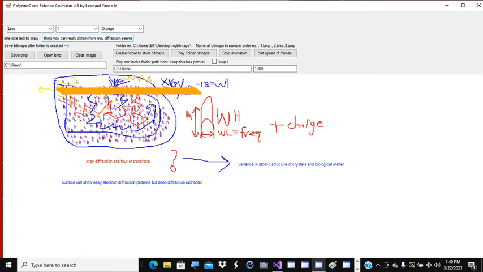It seems to be the surface layer diffraction of electrons.